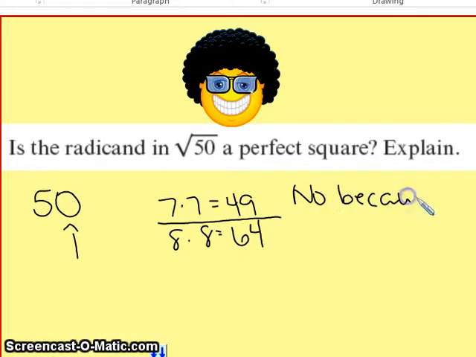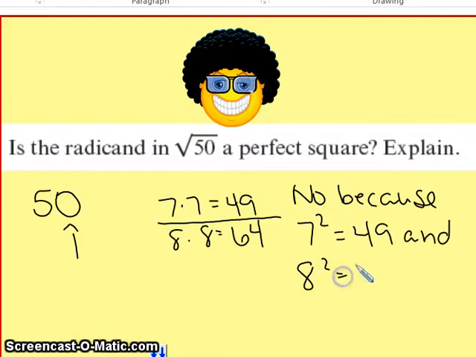So we say no because seven squared equals 49, and 8 squared equals 64, and there are no integers between 7 and 8.